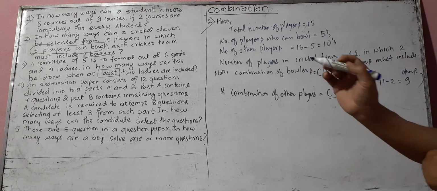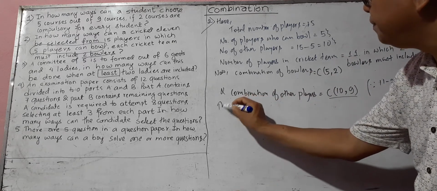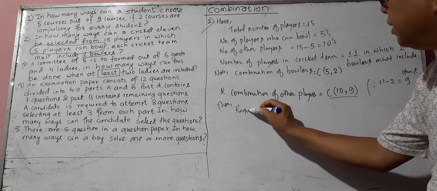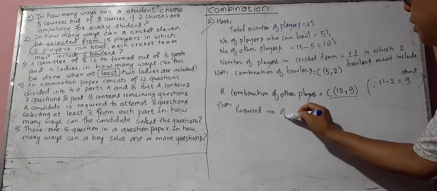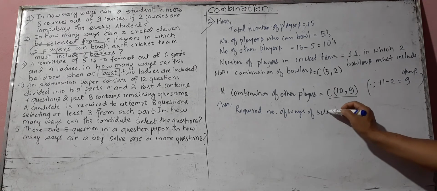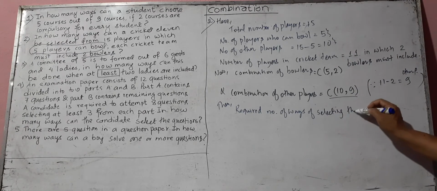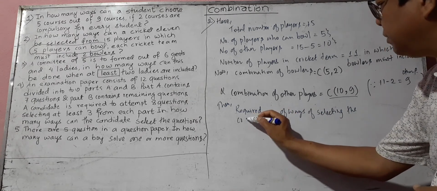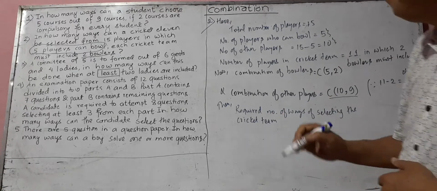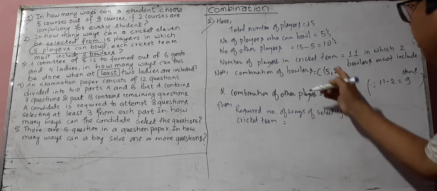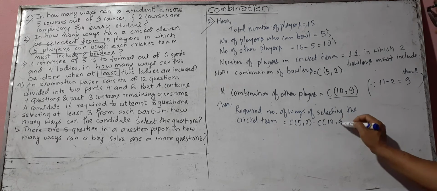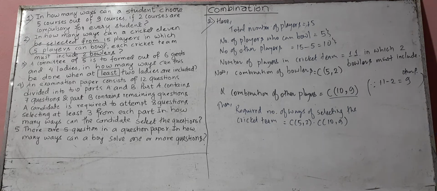So by the principle of counting, the required number of ways of selecting the cricket team is equal to C(5,2) times C(10,9).